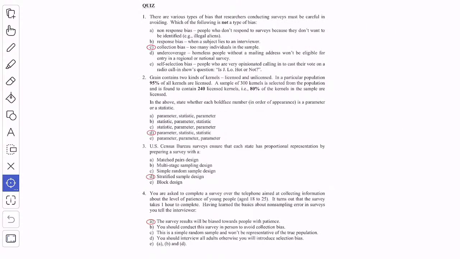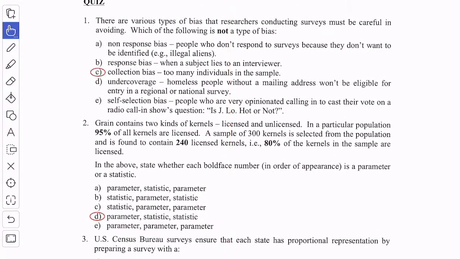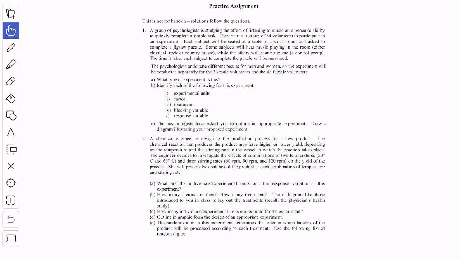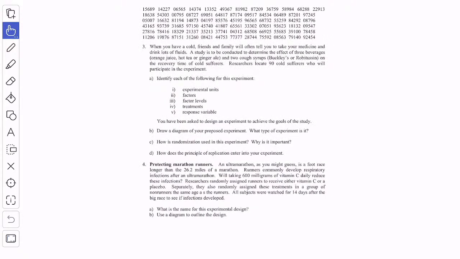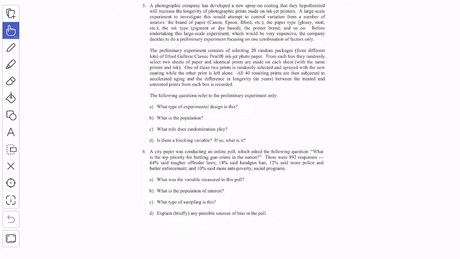All right, so I put a quiz in here, so you should do that and let me know if you have any questions about that, and then the practice assignment. So please try these. You should be working out these problems yourself and checking the answers yourself. So this is all for self-study.